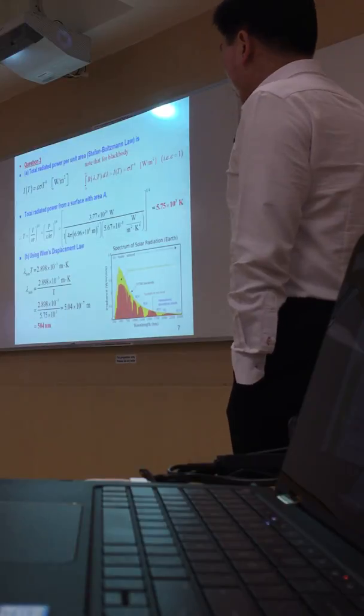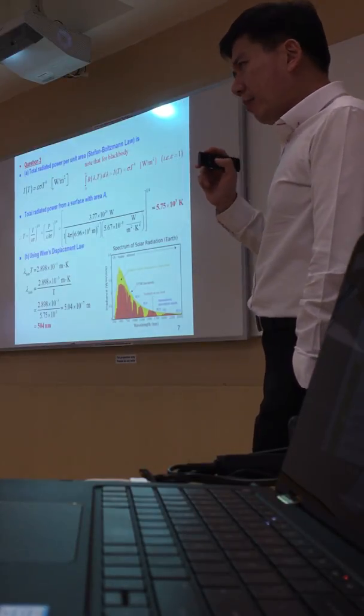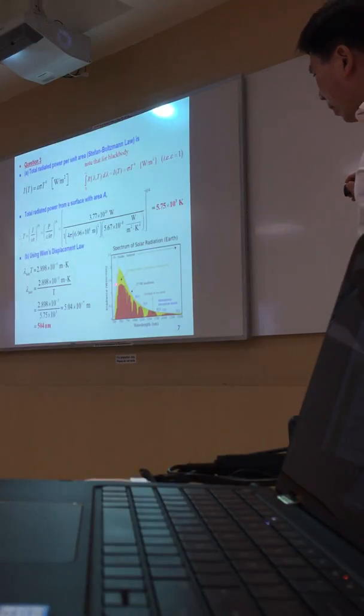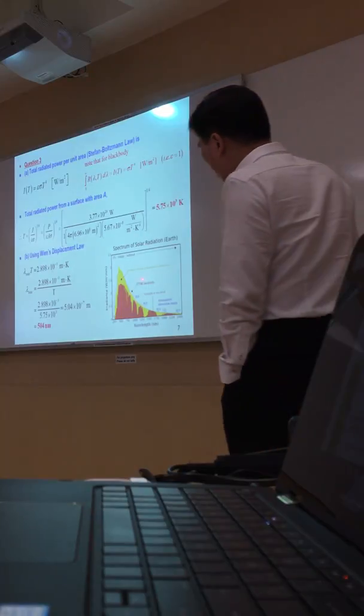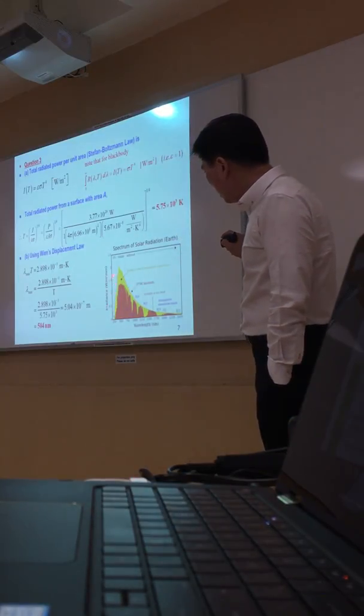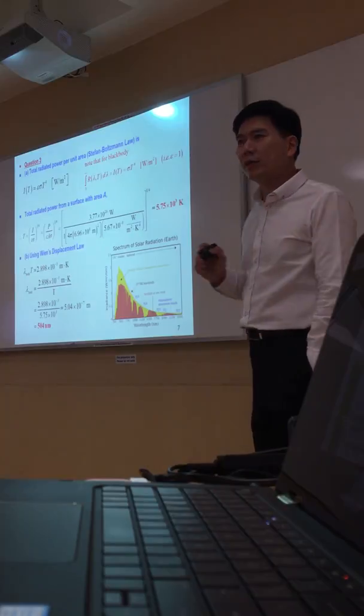Now, the question asks you to assume that the sun behaves like a black body. Is that really the case? We take the black body radiation at 5778 Kelvin. Can you see this line here? This line is Planck's radiation law at this temperature.